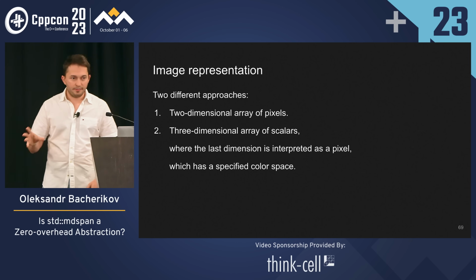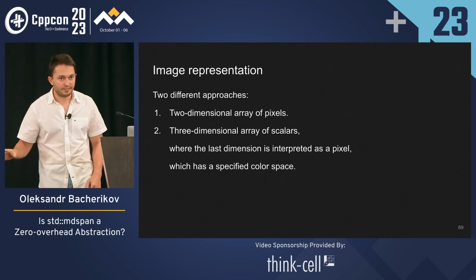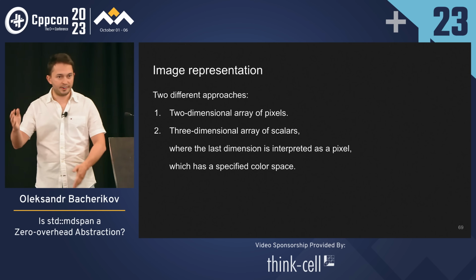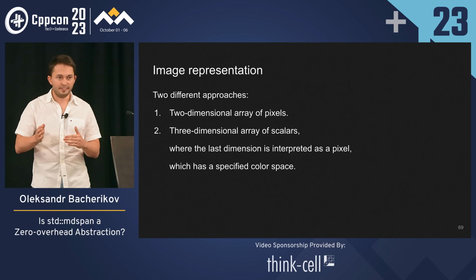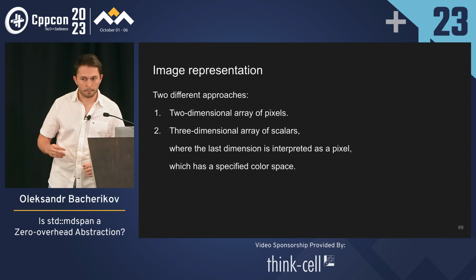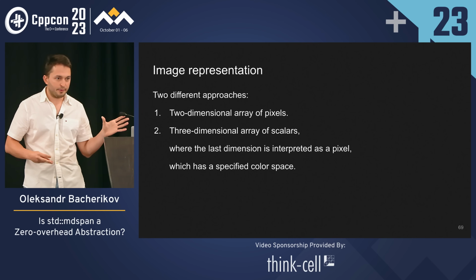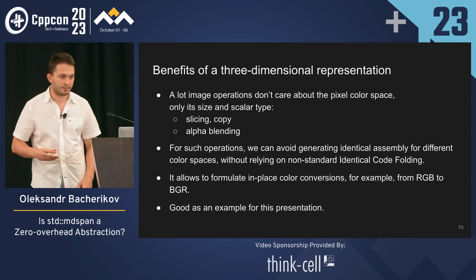And I believe there are two approaches. One is to view them as a two-dimensional array of pixels, and the second is to view them as a three-dimensional array of scalars, where the last dimension is treated as a pixel and has a specified color space. I think the first approach is conceptually simpler, but the second one also has its benefits.